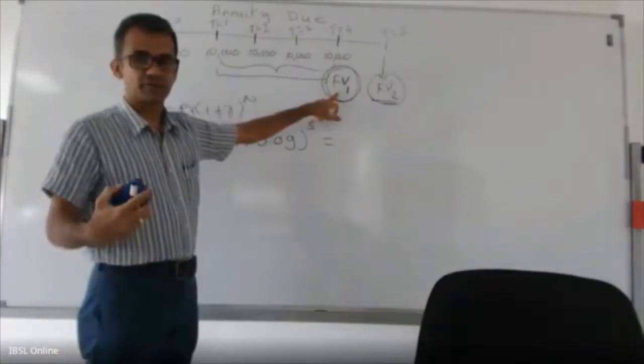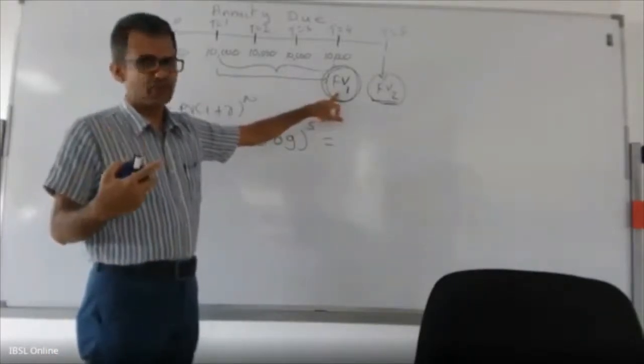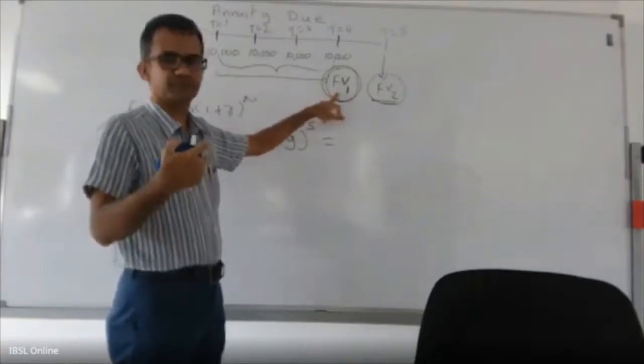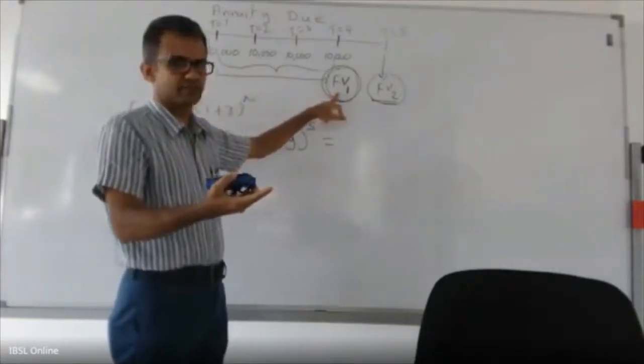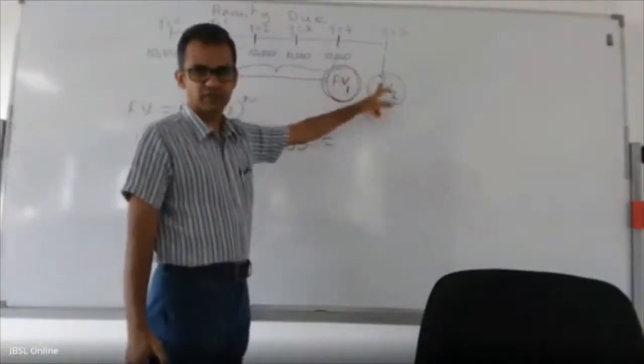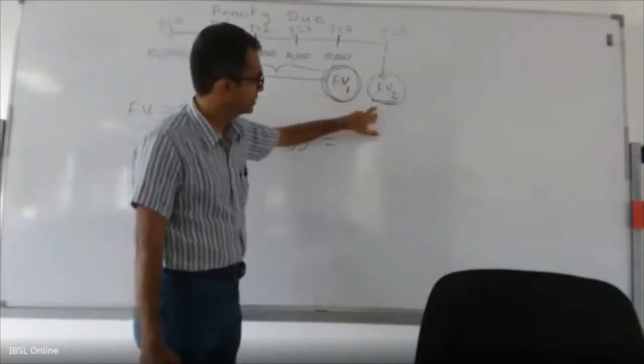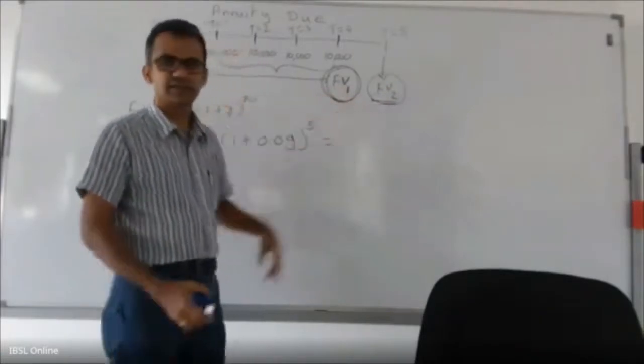Then we want to find the future value of that cash flow after 1 more year, or from the beginning, after 5 years' time. What you have to do is calculate the future value of this for another 1 year.